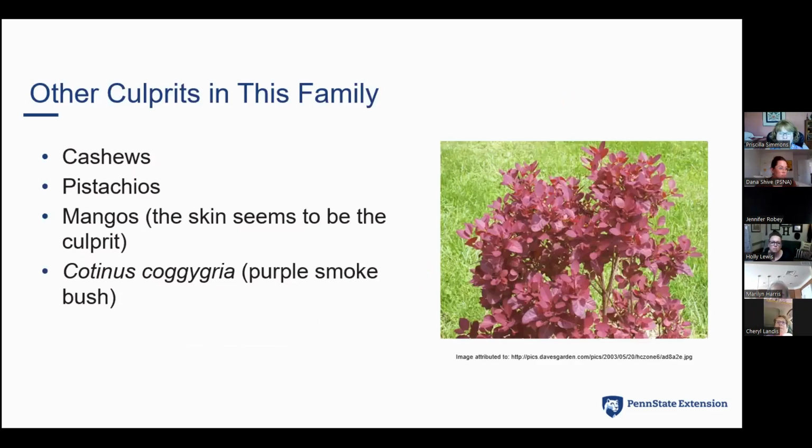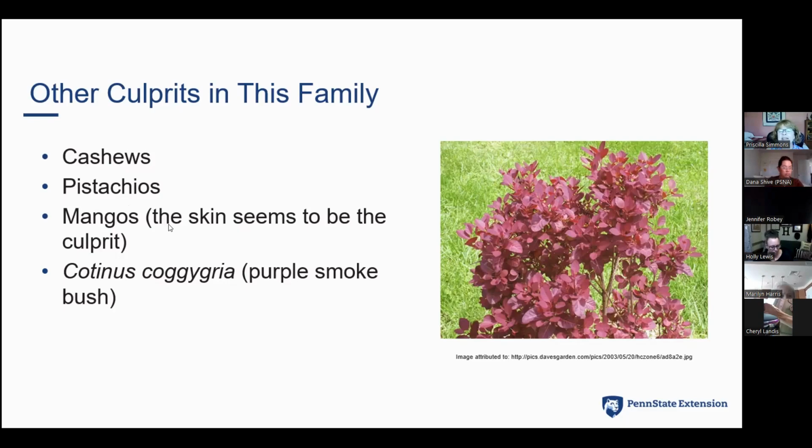There are some other biologically related allergens or plants with allergic potential. Cashews, and it so happens my son is allergic to cashews. Pistachios can create an allergic reaction, and obviously these are more of a GI or an oral cavity thing.